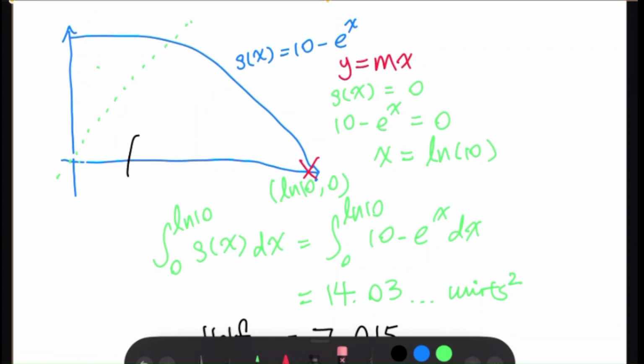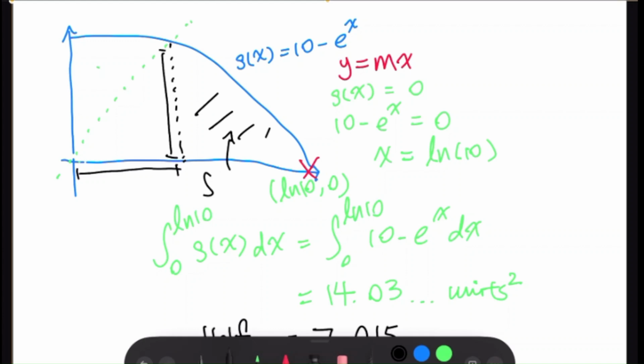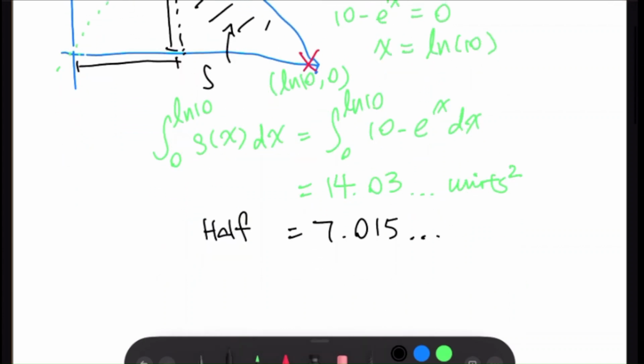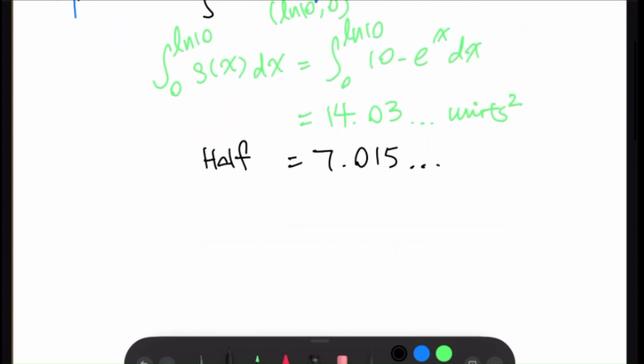Well, I think what we could do is split it down like this, and then evaluate this in the form of a triangle, and this in the form of an indefinite integral. So let's try that out.